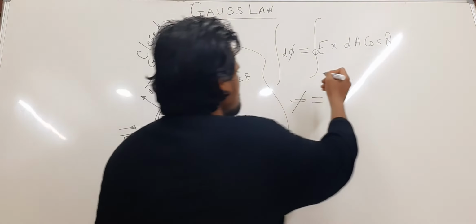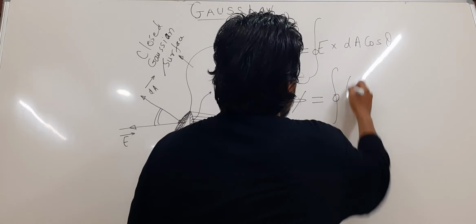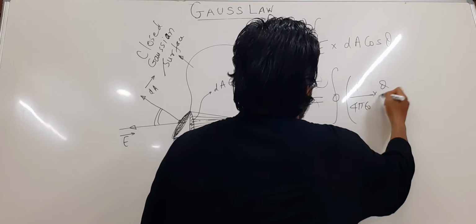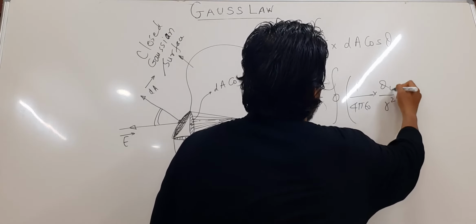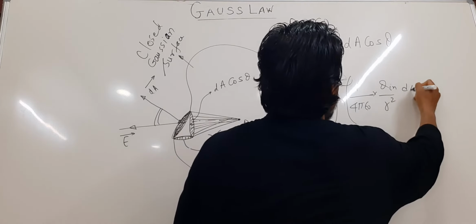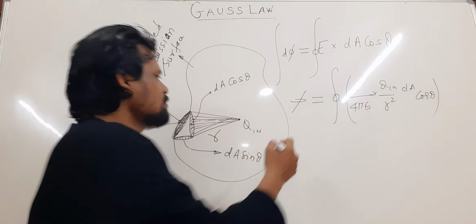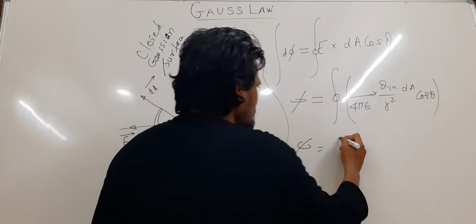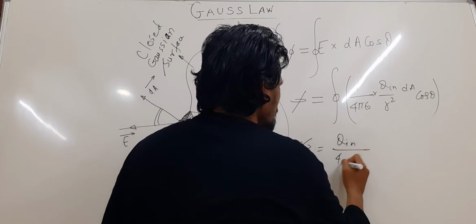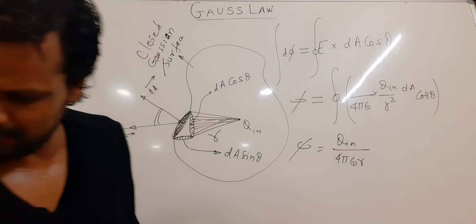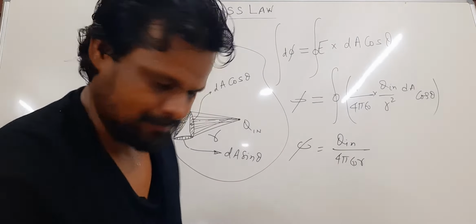So could you write please, at the place of E, 1 by 4 pi epsilon naught q by r square, q inside, dA cos theta. Now flux is q inside by 4 pi epsilon naught r square.